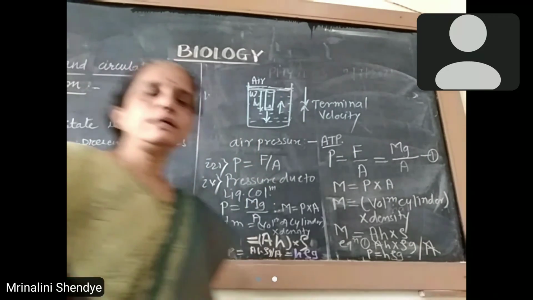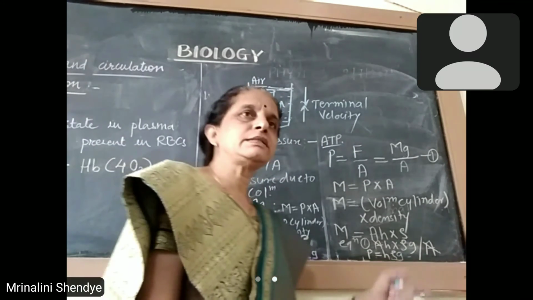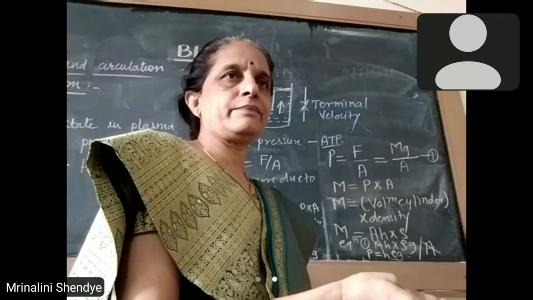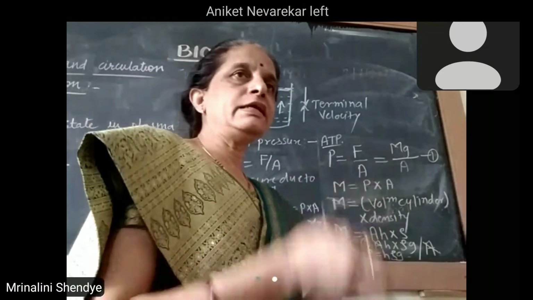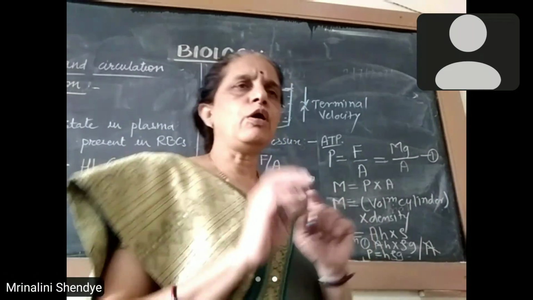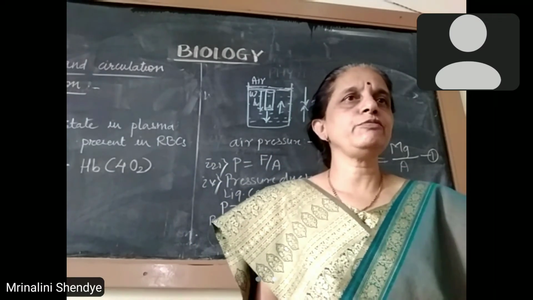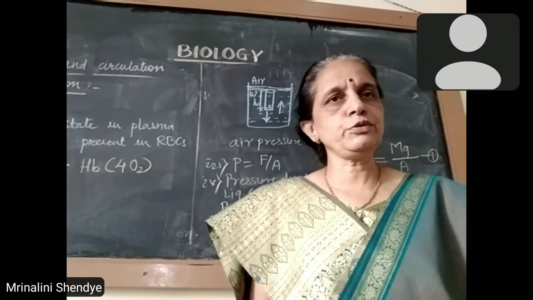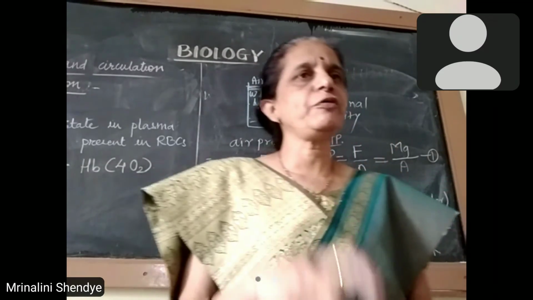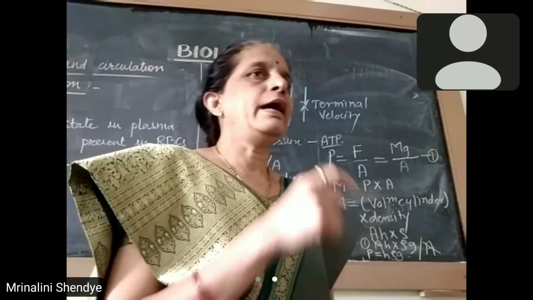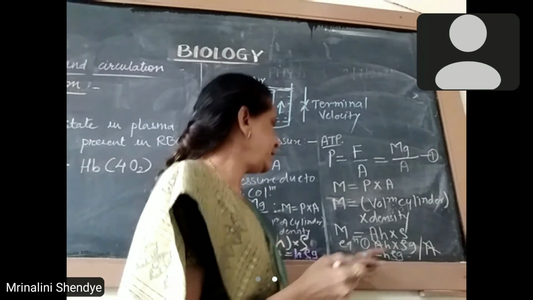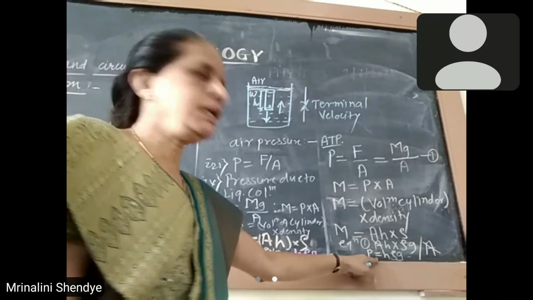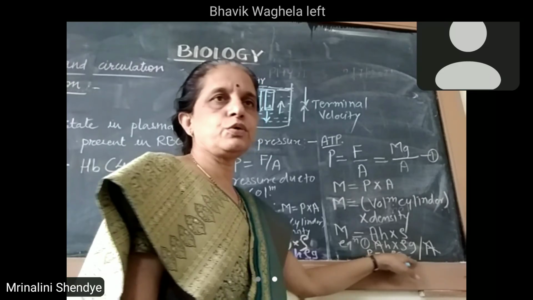The atmospheric pressure is a pressure due to air. But in air also, all the particles are in the fluid. It is also included in fluid. But I am going to find out inside the liquid. And that's why in liquid the pressure P is equal to H rho G.